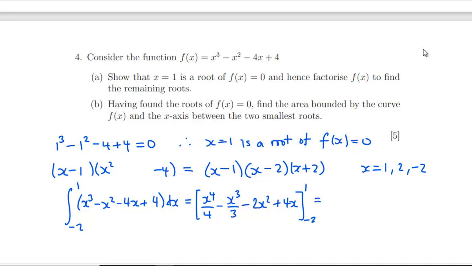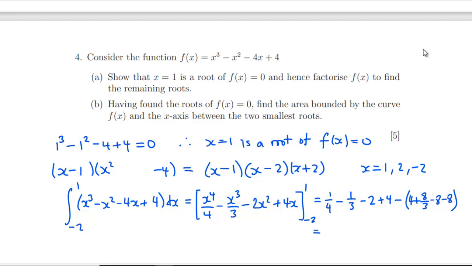Right, we might have some slightly annoying numbers on all of this. So we've got a quarter minus a third minus 2 plus 4. Then we need to take off, so keep that bit in brackets. We're going to have 4, because we've got 4 times 4 divided by 4. Then we're going to have, what's that, 8 over 3, and the minuses will cancel out to give us plus 8 over 3. Then we've got minus 8, and then we've got minus 8.